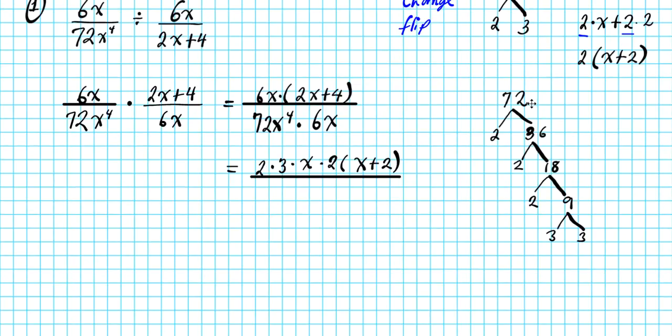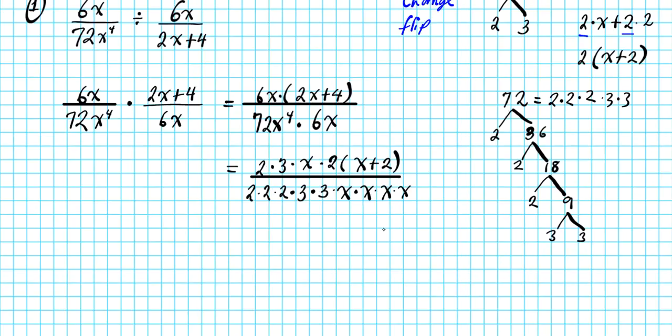So 72 is basically 2 times 2 times 2, three 2's, times 3 times 3. We're going to insert this prime factor decomposition of 72 right into the spot right here. So we'll have 2 times 2 times 2, that's 8, times 3, that's 24, times another 3, that gives you 72. There we have x to the 4, so we're just going to write it as a product of 4 x's. 1, 2, 3, 4.